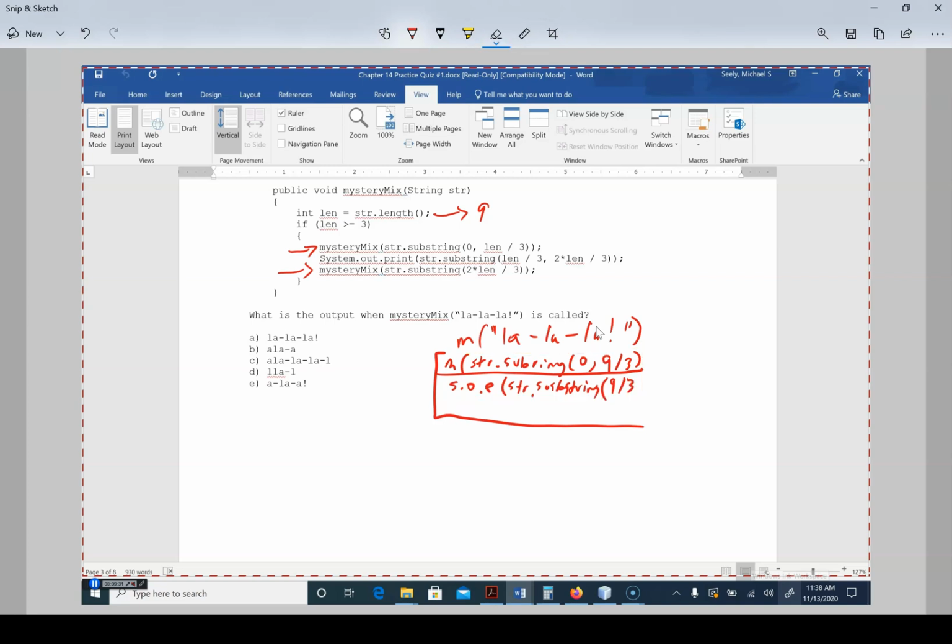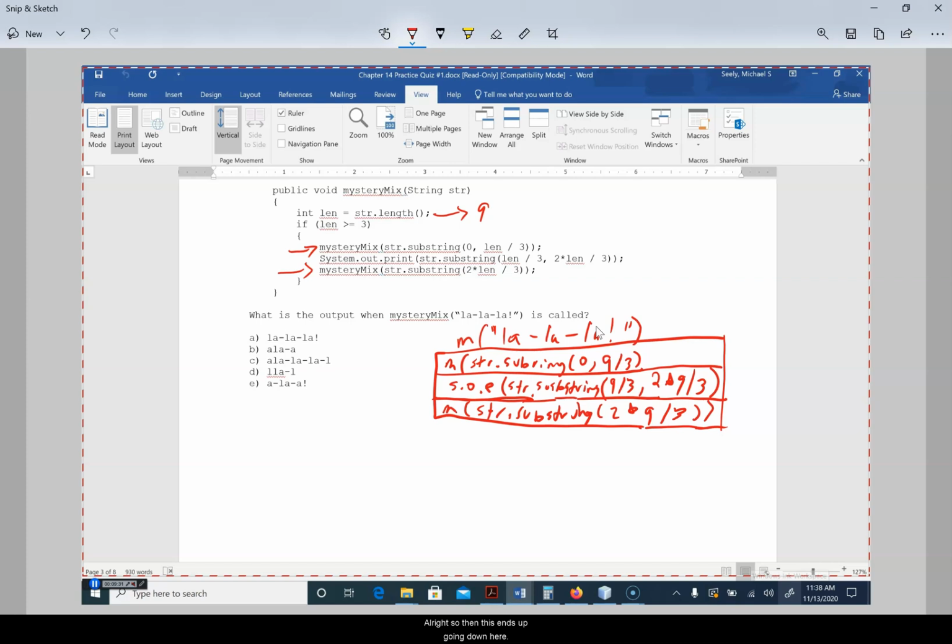I'm going to have to make this wider. And then we get M of str.substring(2 times 9 divided by 3).